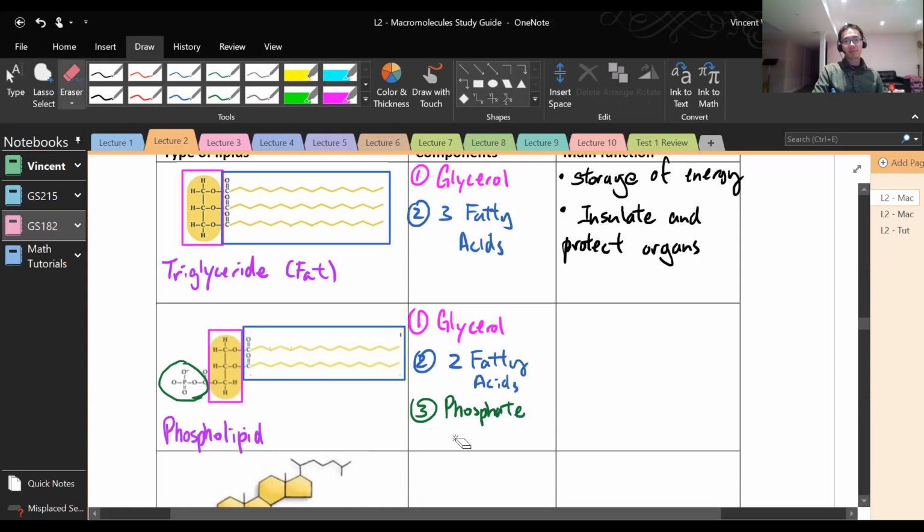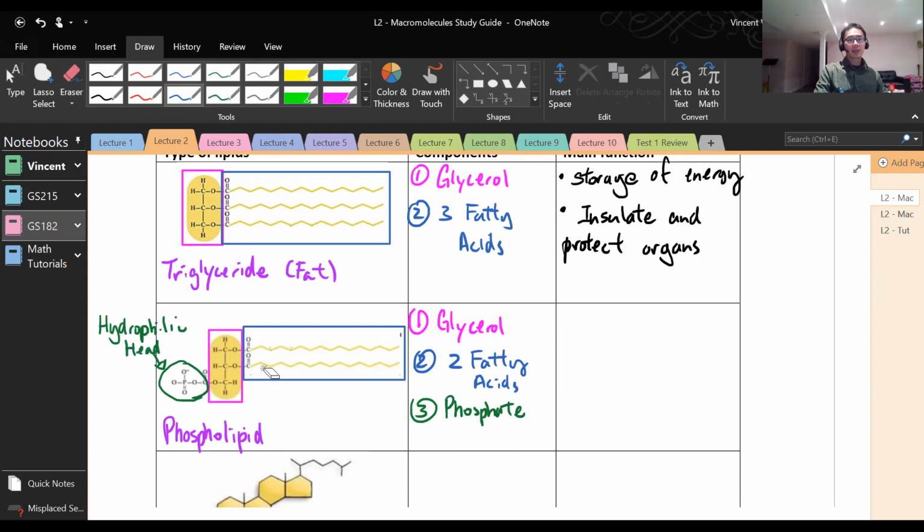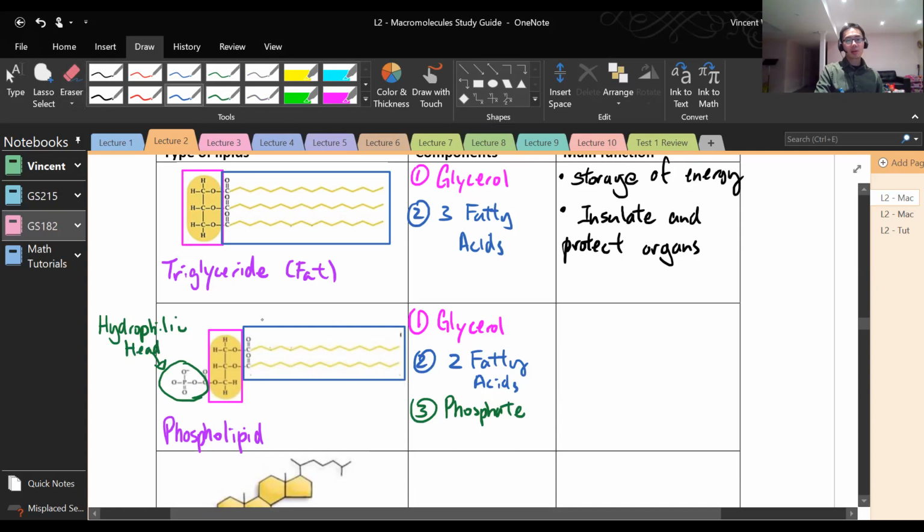This is a special molecule because the phosphate group has a negative charge, and it's going to make it hydrophilic. So we have a hydrophilic head, which means it loves water. On the other side, we have these long hydrocarbon tails, which are hydrophobic.